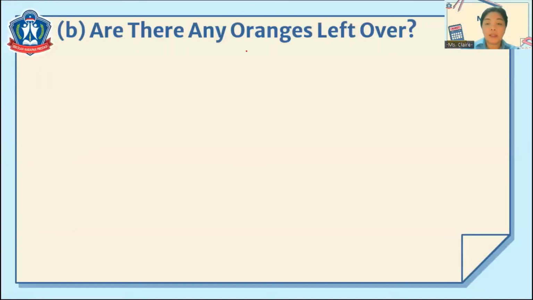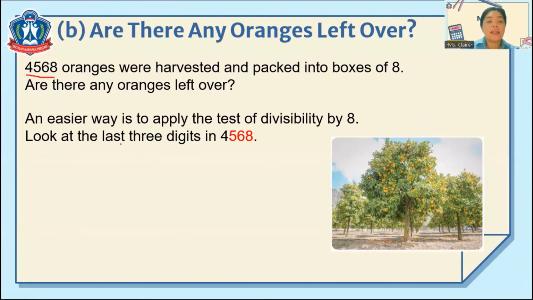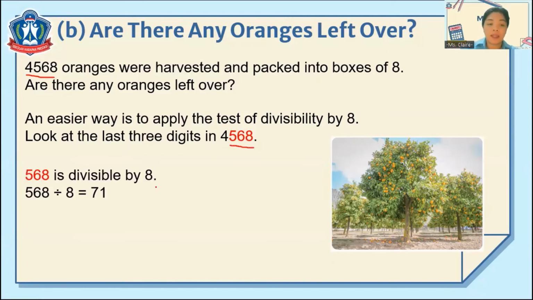Another. Are there any oranges left over? Take a look. 4,568 oranges were harvested and packed into boxes of 8. Are there any oranges left over? An easier way is to apply the test of divisibility by 8 by simply looking at the last three digits of a number. 568 is divisible by 8, and that is equal to 71.